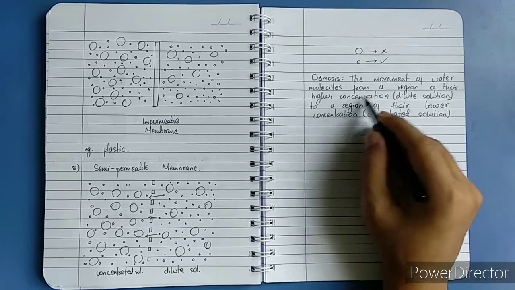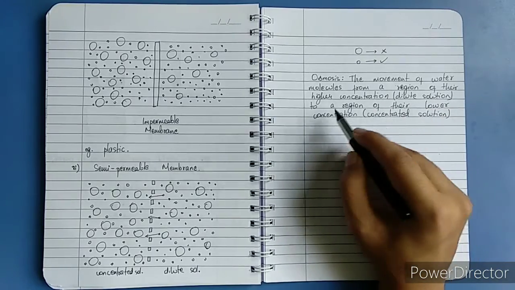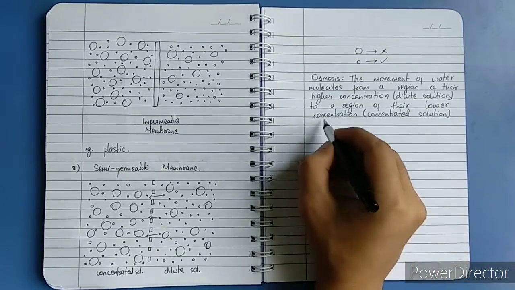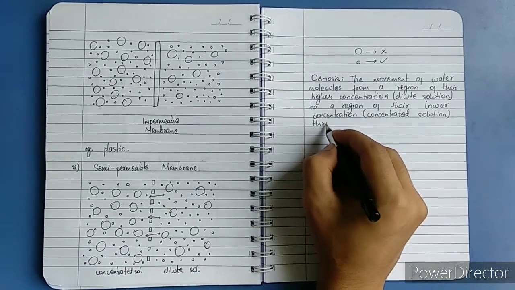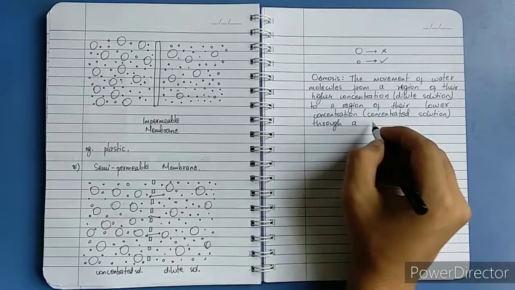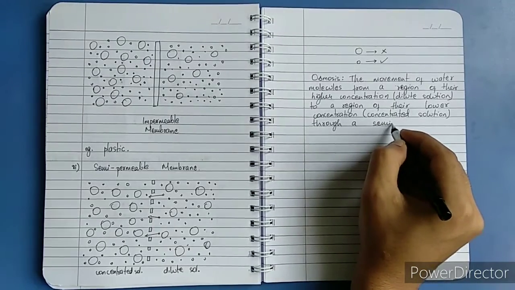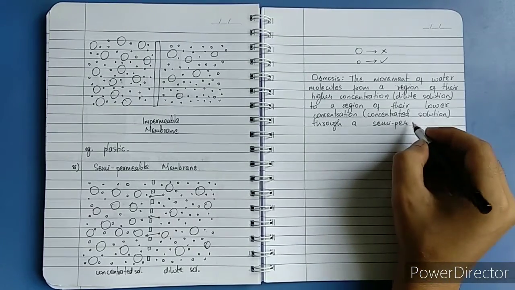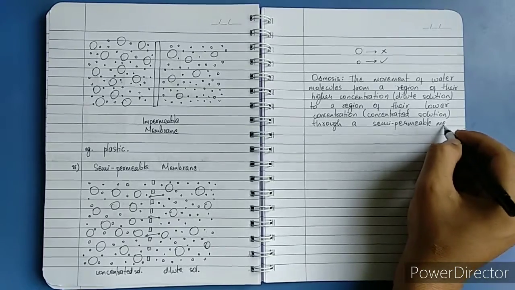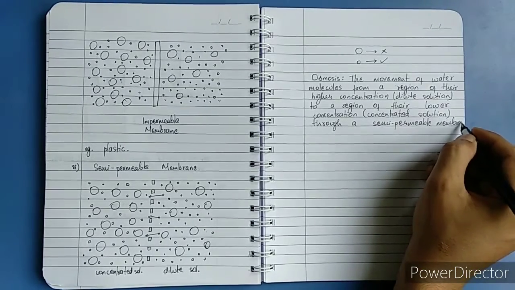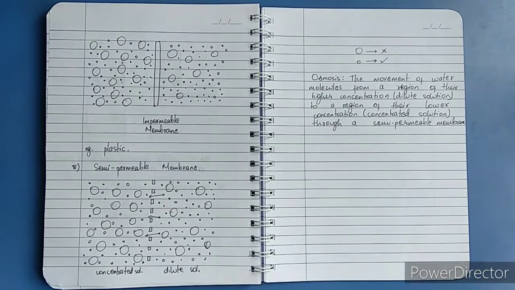So the movement of water molecules from a region of their higher concentration to a region of their lower concentration, and what are they passing through? Through a semi-permeable membrane. This is called osmosis.